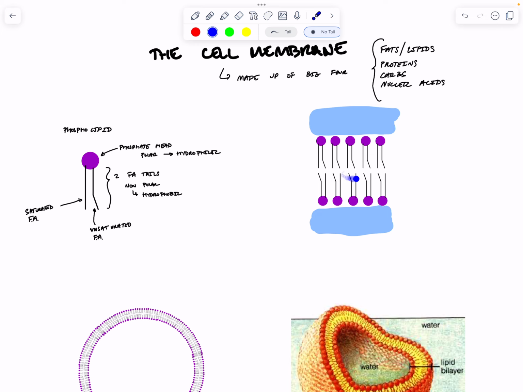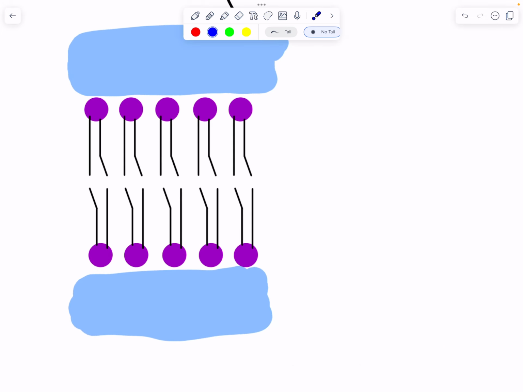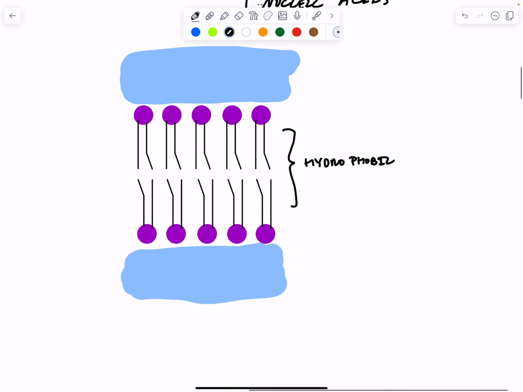The nonpolar tails, as you remember, they're hydrophobic, so they do not want to be interacting with water. And the phosphate heads are hydrophilic, so they want to be touching the water.